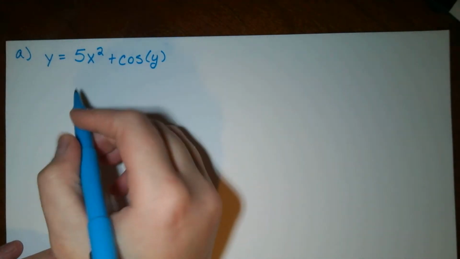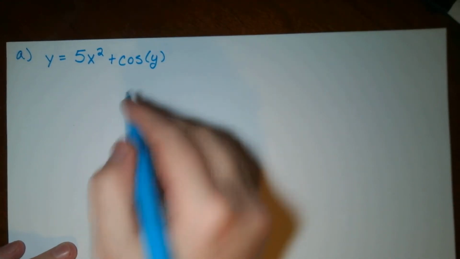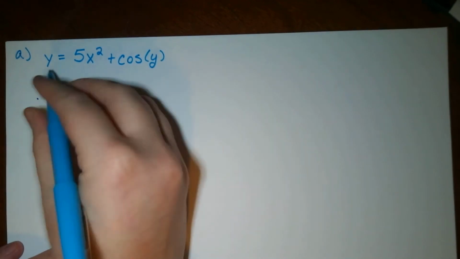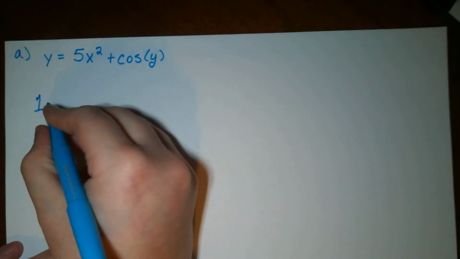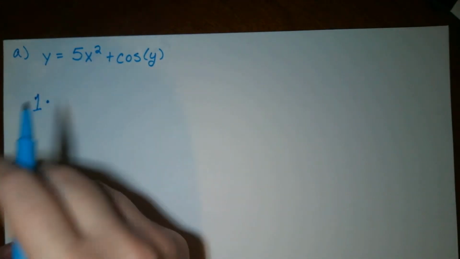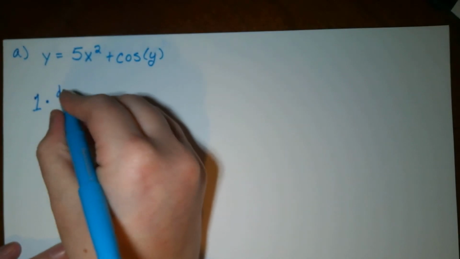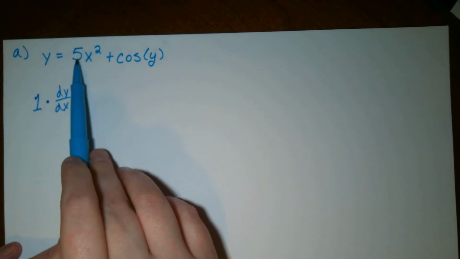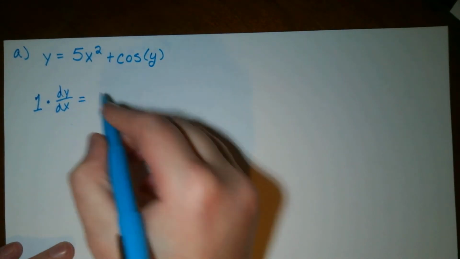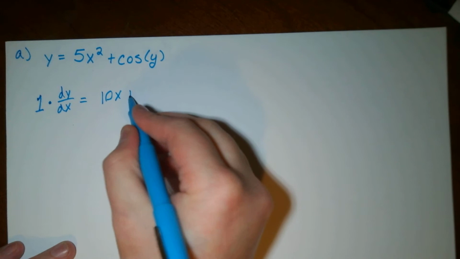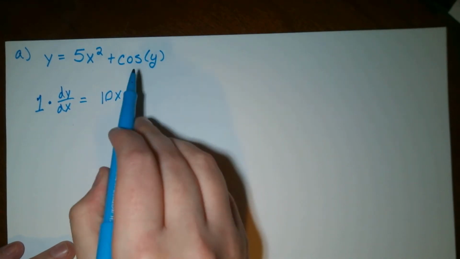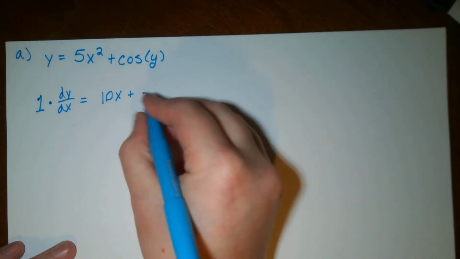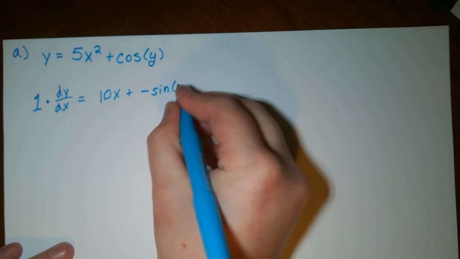All right, so let's look at taking the derivative of this guy. The derivative of y is 1, and remember, whenever I take the derivative of y, to get it into the right units of measurement, I need to multiply it by dy over dx, equals, all right, the derivative of 5x squared, that's going to be 10x, plus the derivative of cosine of y with respect to y, which is negative sine of y.